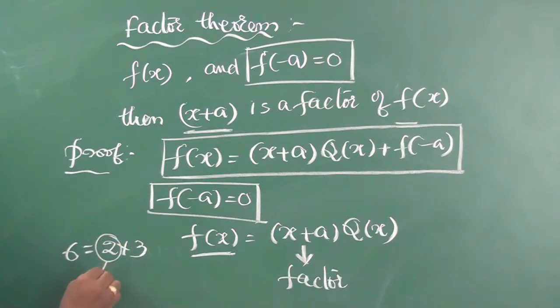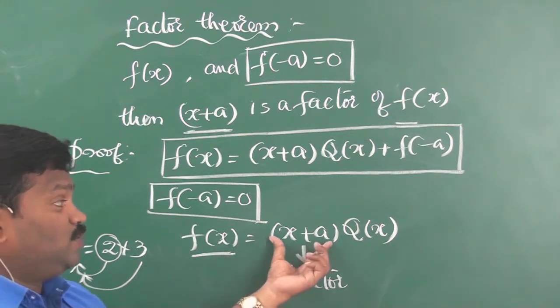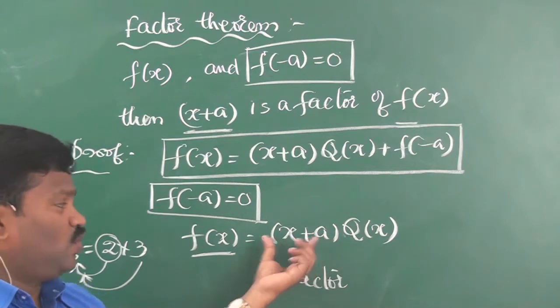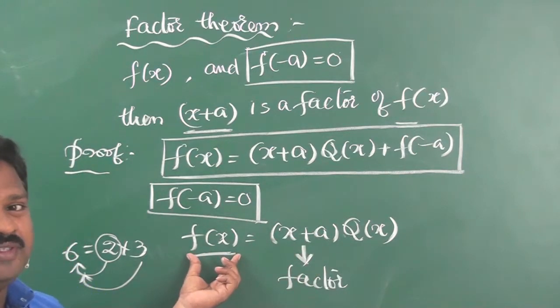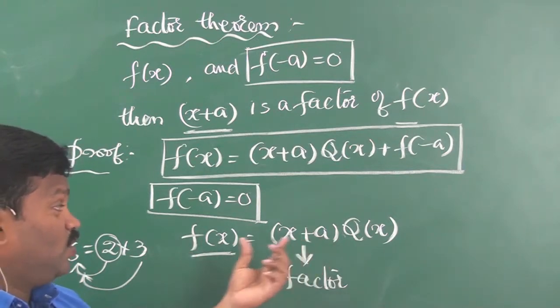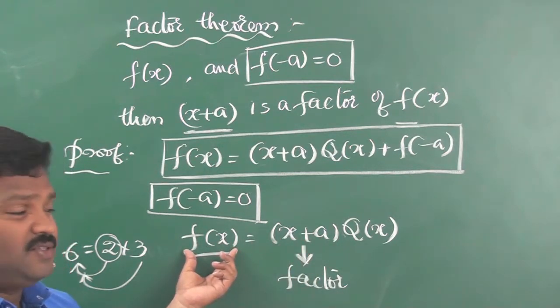Therefore, 2 is called a factor of 6, and 3 is called a factor of 6. In the same way, f of x is divided as x plus a into q of x. Then x plus a is called a factor of f of x. Is it clear?